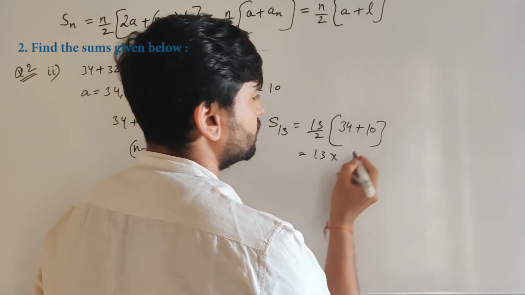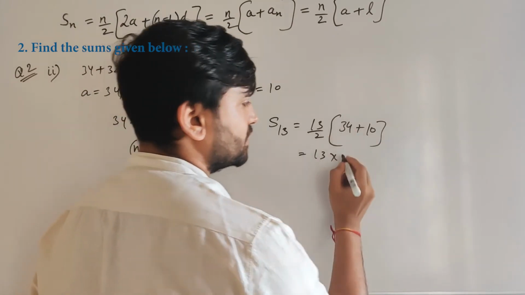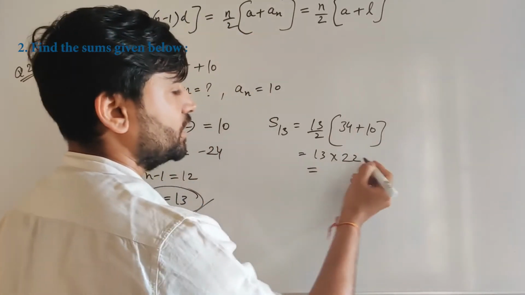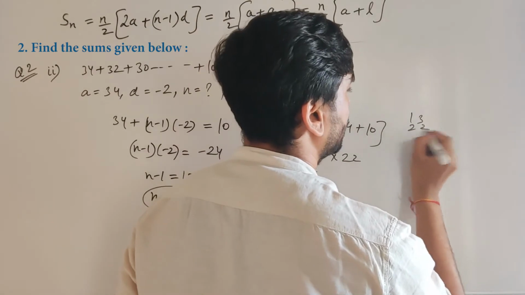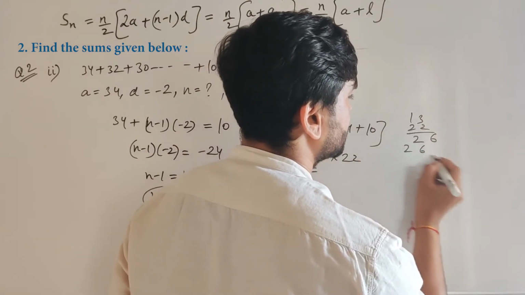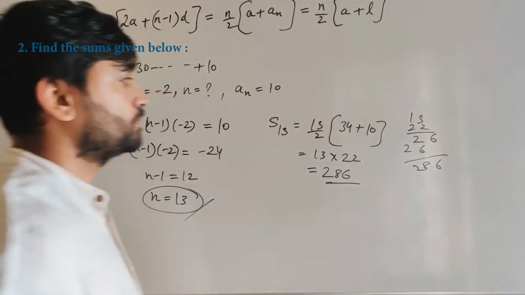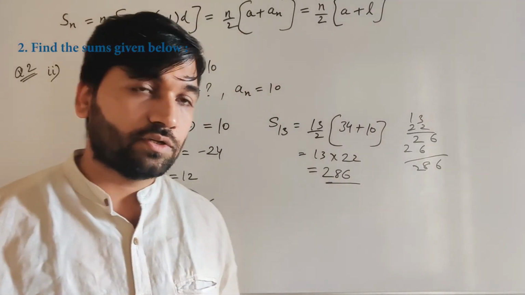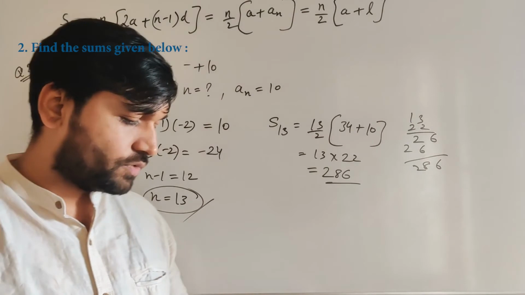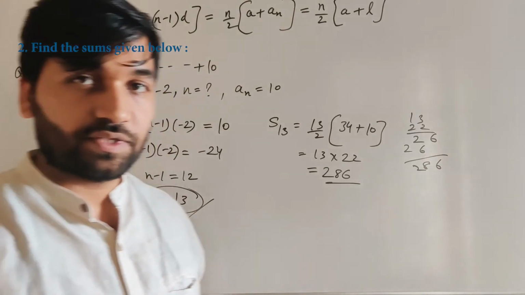So 13 into 44, and you can cancel, you get 22. So 13 and 22 we quickly multiply: 286. So the sum of the first 13 terms in this sequence will be 286.